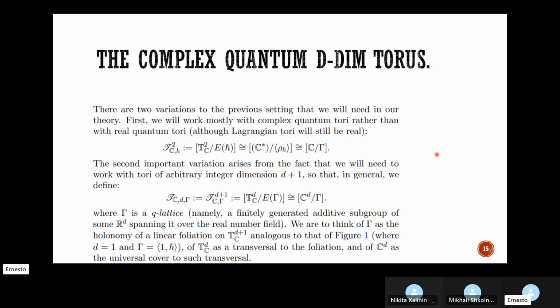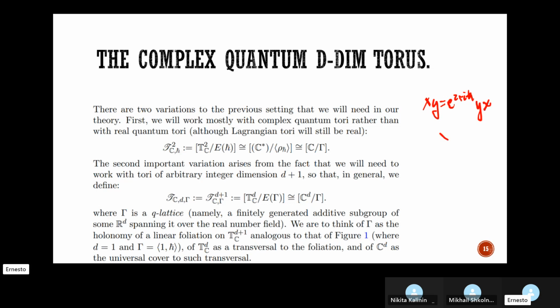I just remind you very, very quickly that we have the quantum torus. So the quantum torus was meant to be an algebra, a non-commutative algebra that had xy equals e to the 2 pi i h yx.